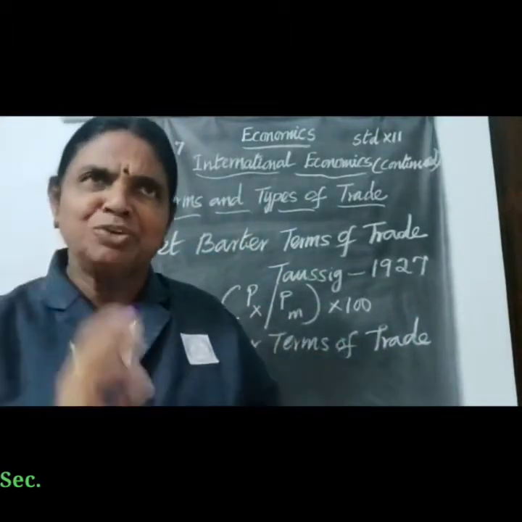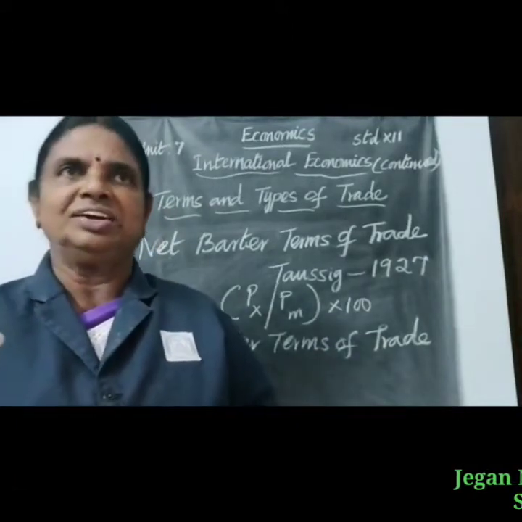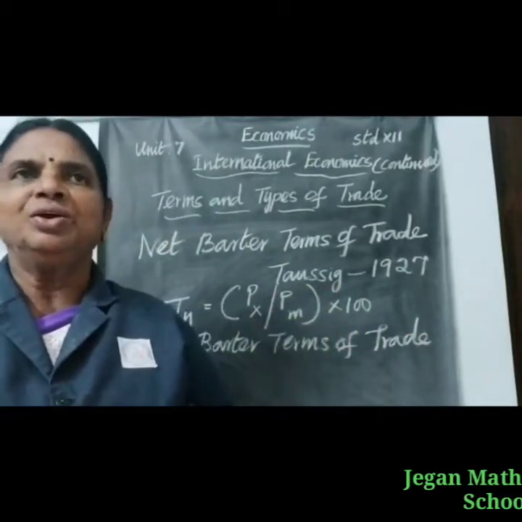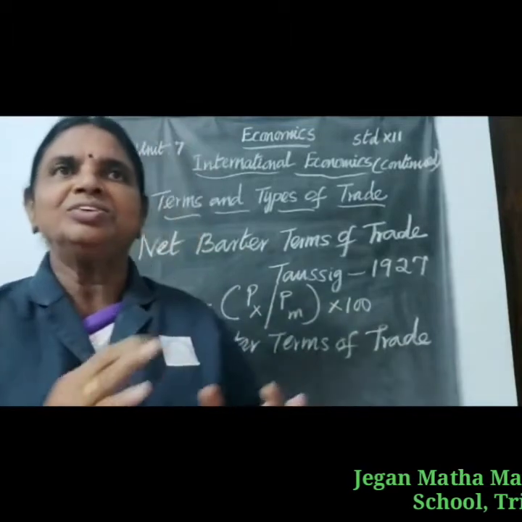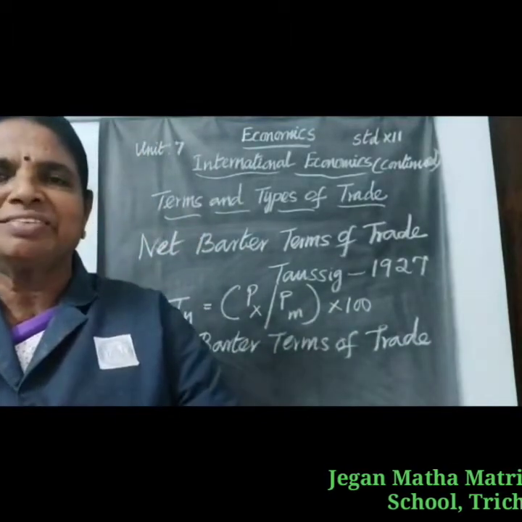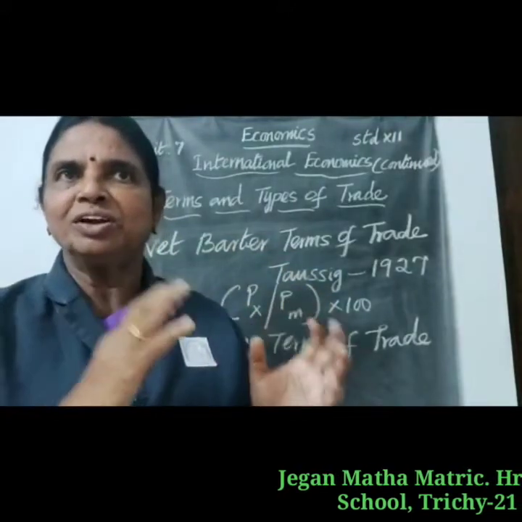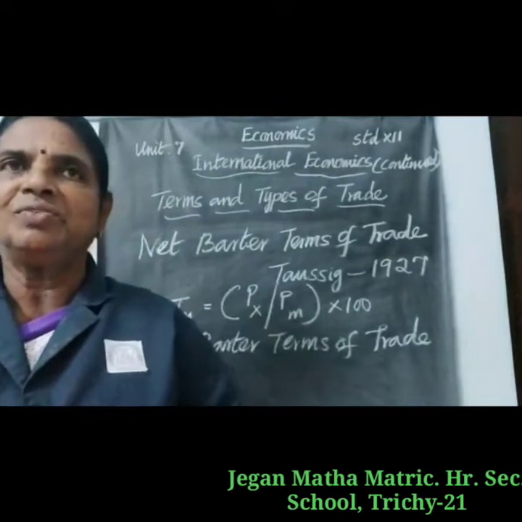It is of course an improvement over the net barter terms of trade. It is an index of the relationship between the total physical quantity of imports and the total physical quantity of exports.